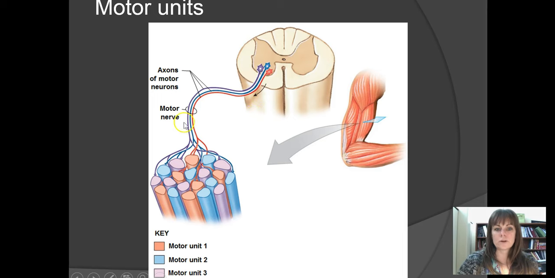The blue motor neuron touches the blue ones, and the purple one touches the purple ones. One motor neuron and all of the muscle cells that it controls is called a motor unit. And each entire muscle is almost always going to be made up of more than one motor unit.